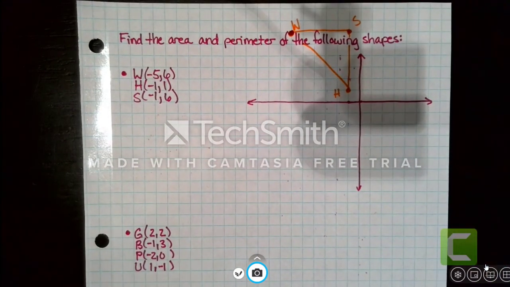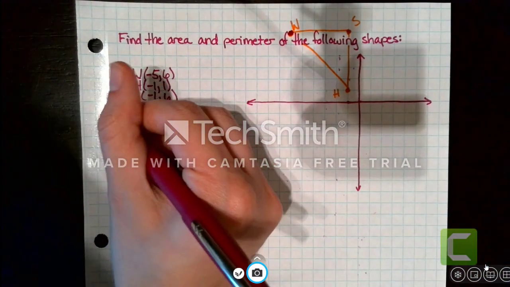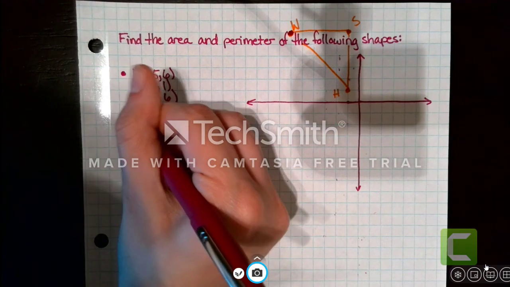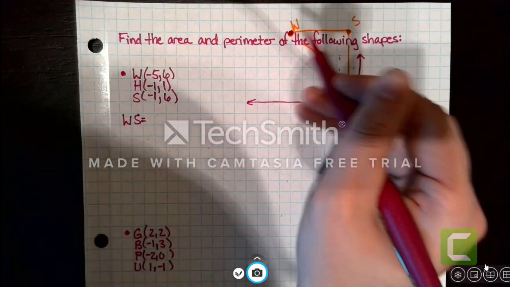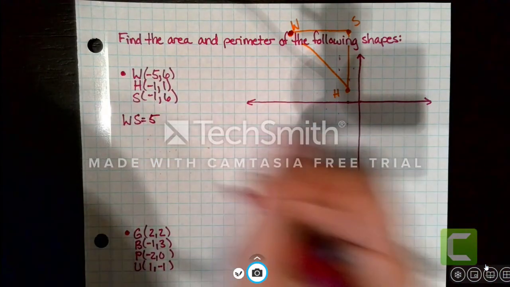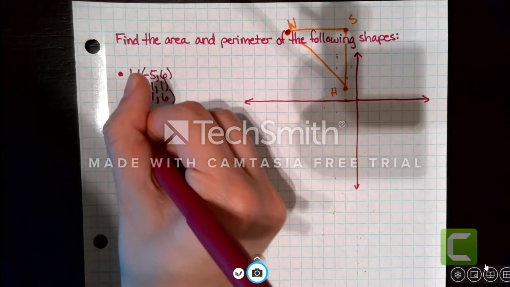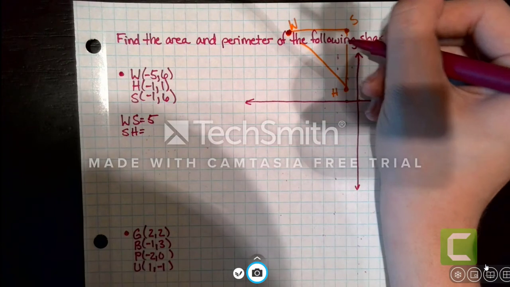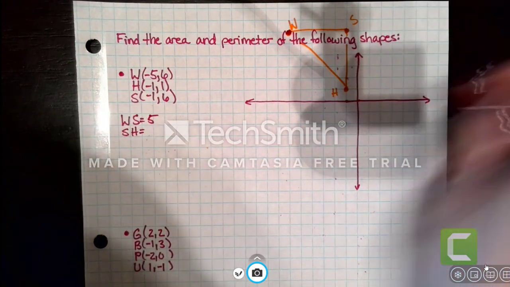So I can actually count two of these. I can already say that the measurement of side WS is equal to 1, 2, 3, 4, 5. The measurement of SH is equal to 1, 2, 3, 4, 5.